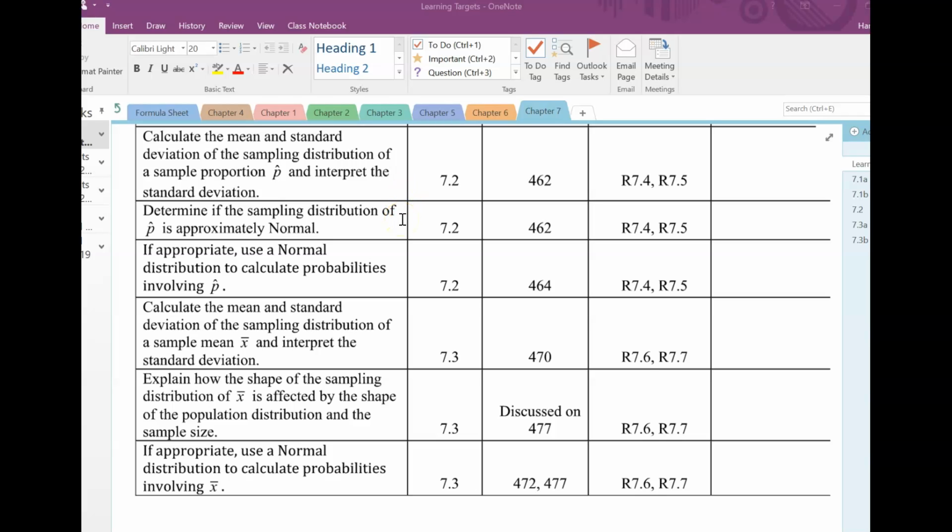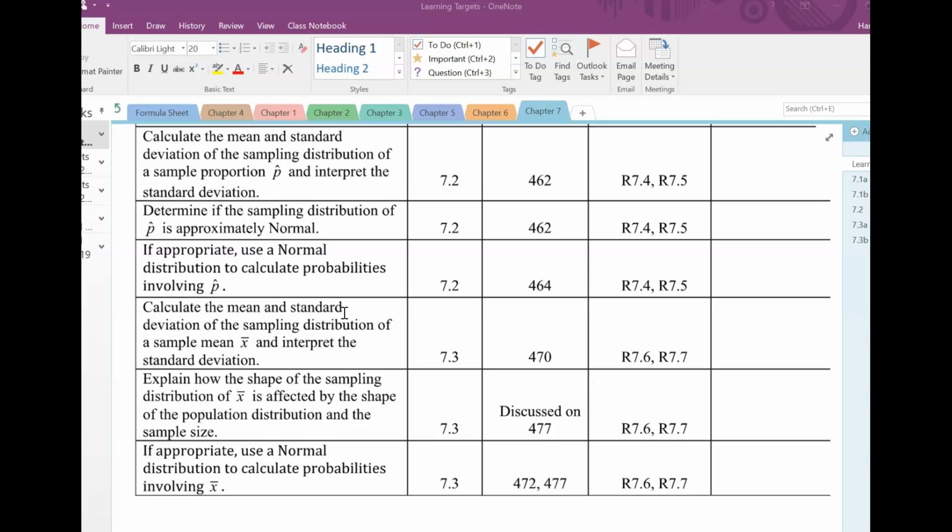The second, determine if the sampling distribution of p hat is approximately normal. This is going to be a set of conditions that you're going to have to check. And then in the last one, if appropriate, use a normal distribution to calculate probabilities involving p hat. So you're going to need to go back and apply a normal distribution to some of your questions.